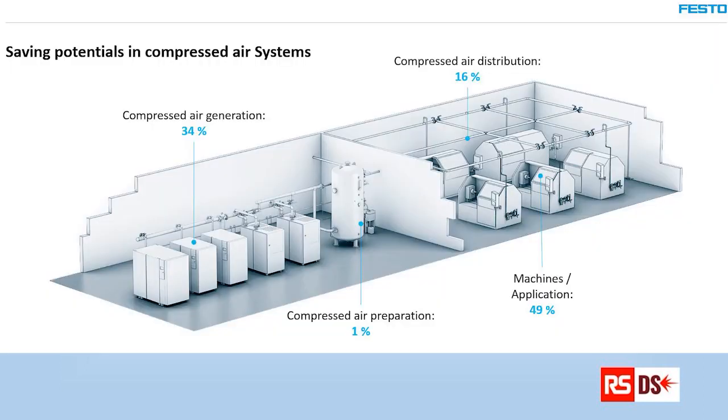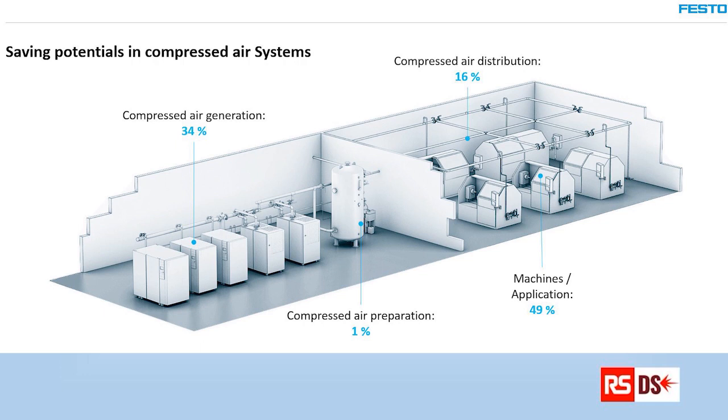And the saving potential, what you asked, I think we now have slide 4 in the background. We have the generation. These are the compressors, and there we have 2 technologies. Normally, it's load-unload compressors, or we have speed-controlled machines.